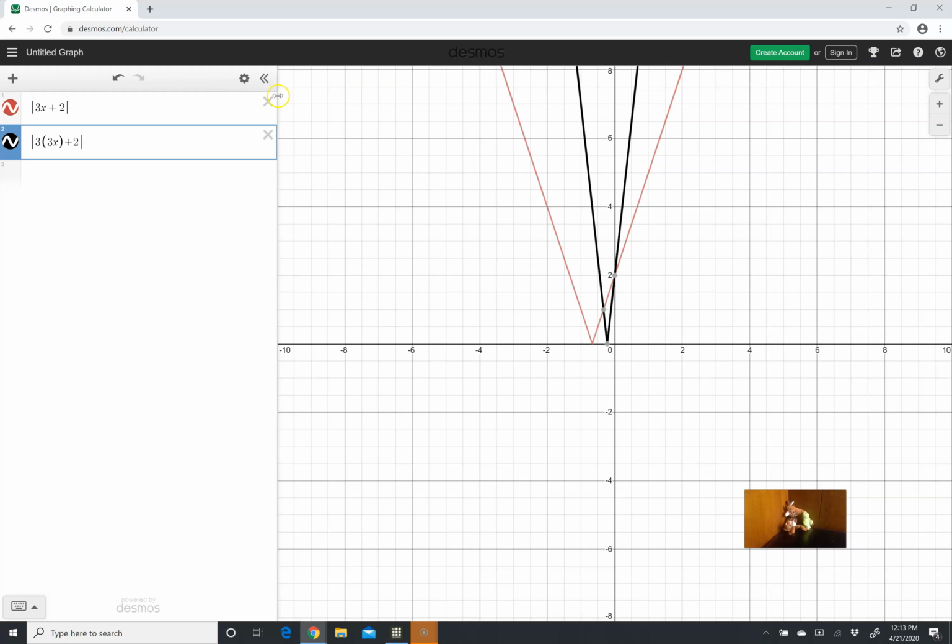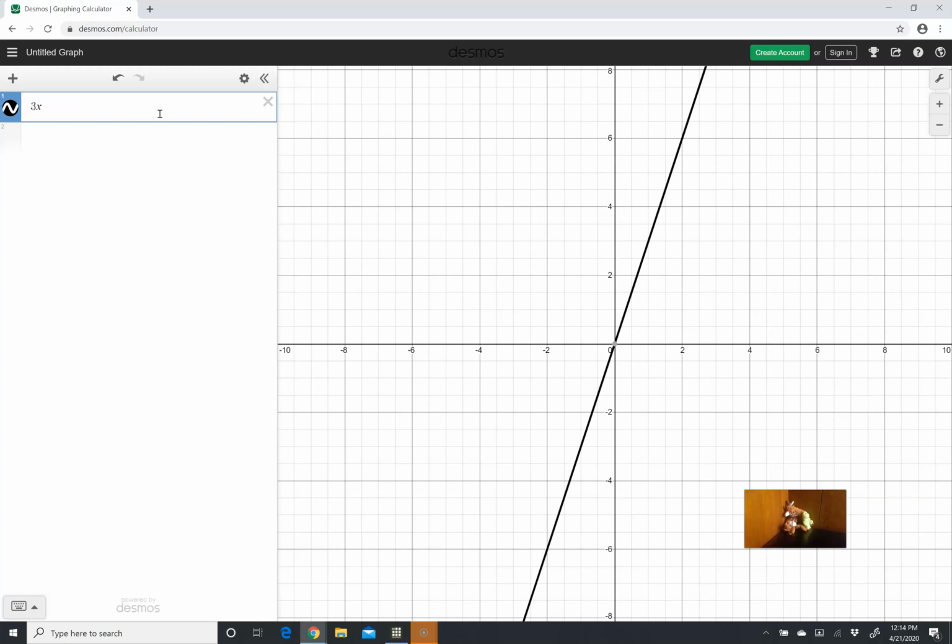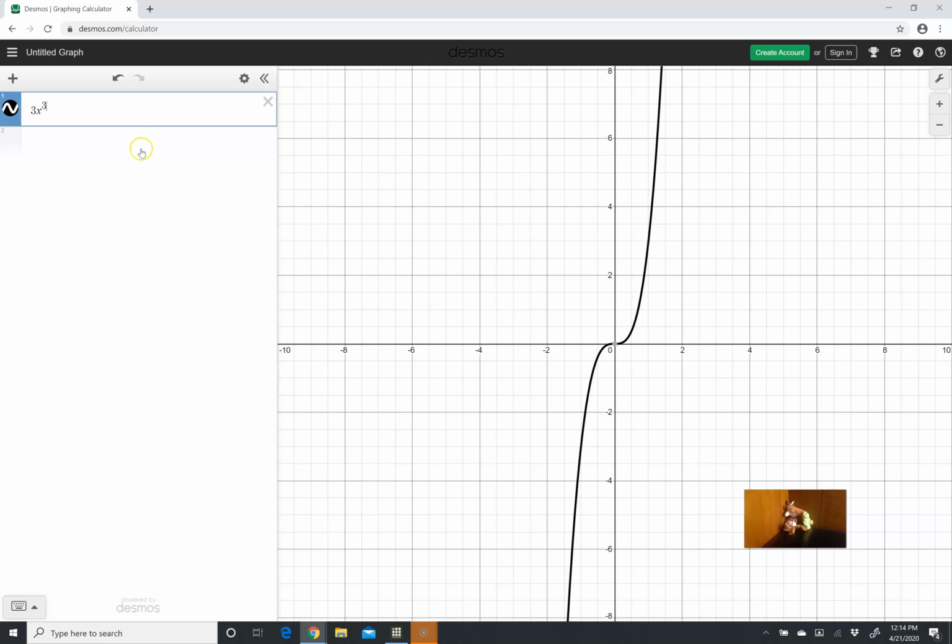If we take a different graph, let's take 3x cubed, okay? And let's vertically shrink this by a factor of 6.